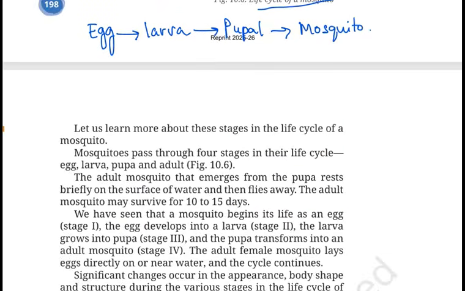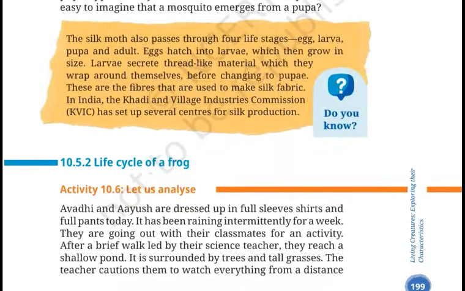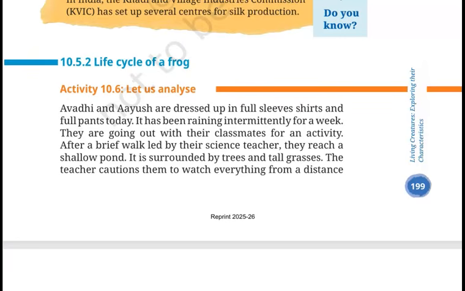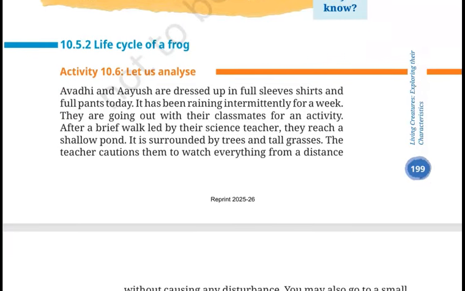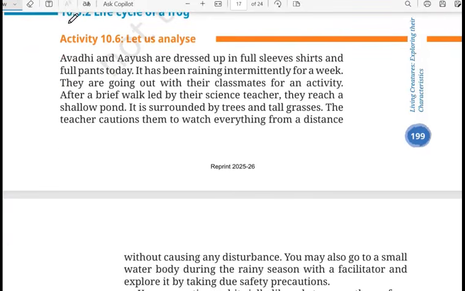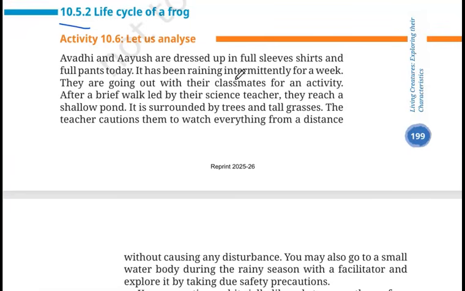All right. Now, the life cycle of a frog. In 10.5.2, we will be learning about the life cycle of a frog. So here, Avdi and Ayush are all dressed up in full sleeve shirts and full pants. Now it's been raining intermittently for a week.